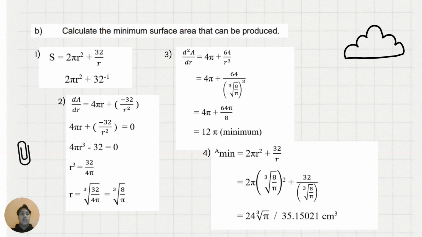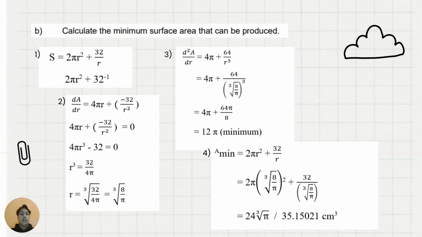Second step, we must differentiate it. So it will be dA over dr equal to 4 pi r plus negative 32 over r squared.